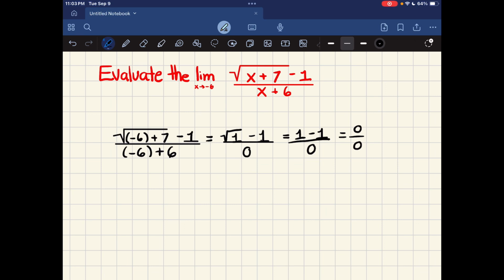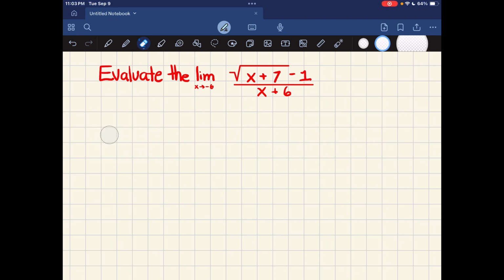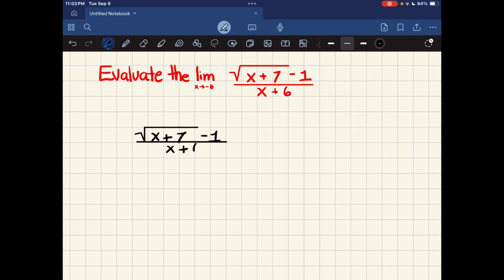So we're going to erase this, and I'm going to show you the conjugate instead. I'm going to rewrite this: square root of x plus 7, minus 1, over x plus 6.